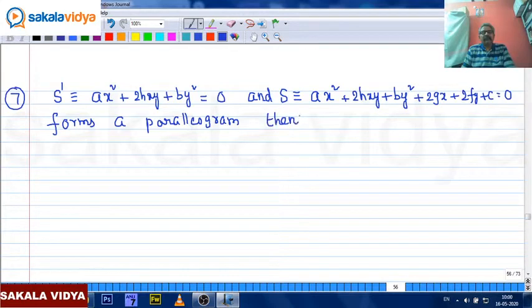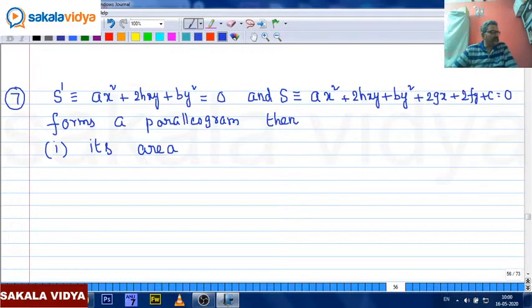Then first point, its area. That means area of the parallelogram formed by ax square plus 2hxy plus by square is equal to 0, and ax square plus 2hxy plus by square plus 2gx plus 2fy plus c is equal to 0.